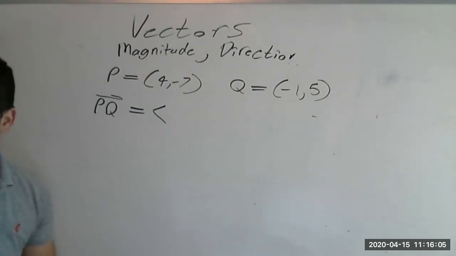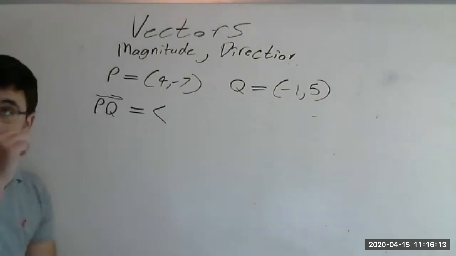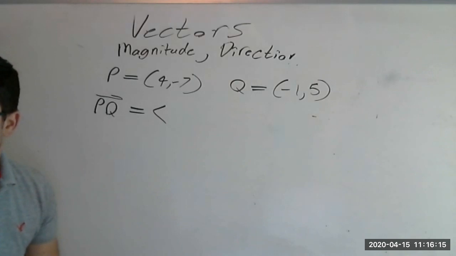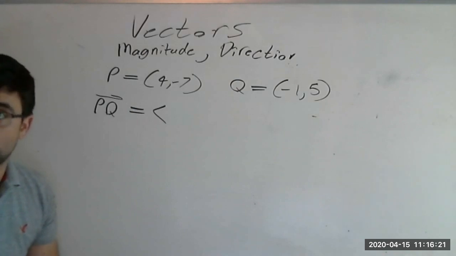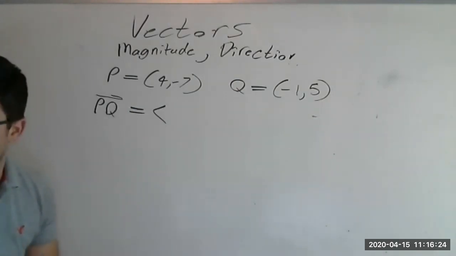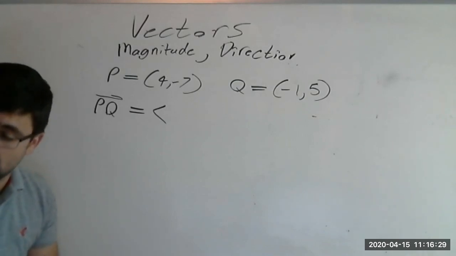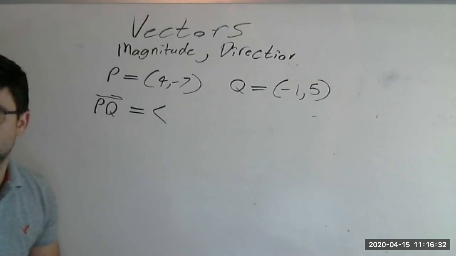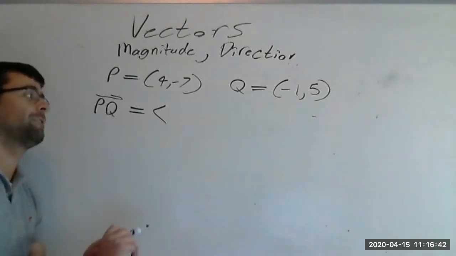No. Is it 3? Nope. Where are you starting? P? You're starting at P. So what is the x component of P? 4. Okay. Where are you ending up? -1. At -1. So what do you have to do to go from 4 to -1? Subtract. Subtract 5.